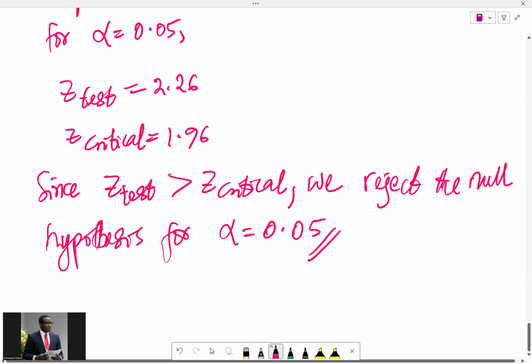So we reject the null hypothesis and accept that the die is unfair.